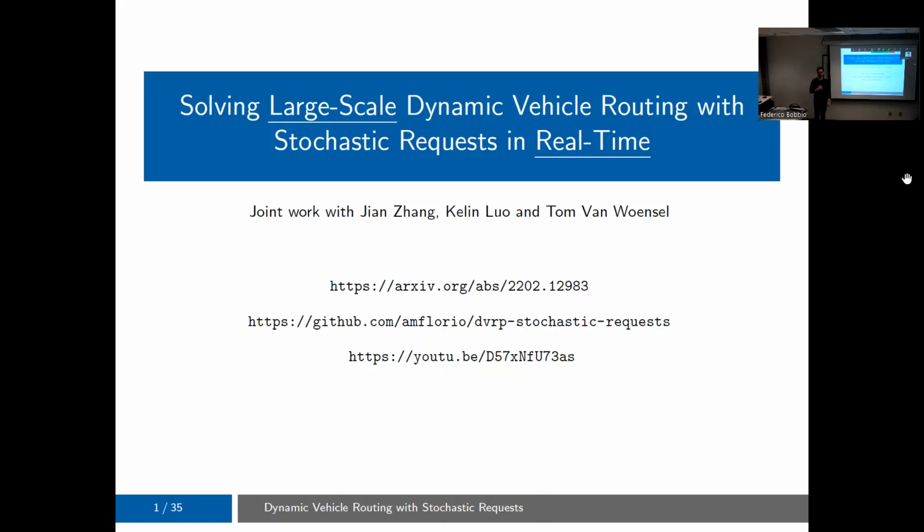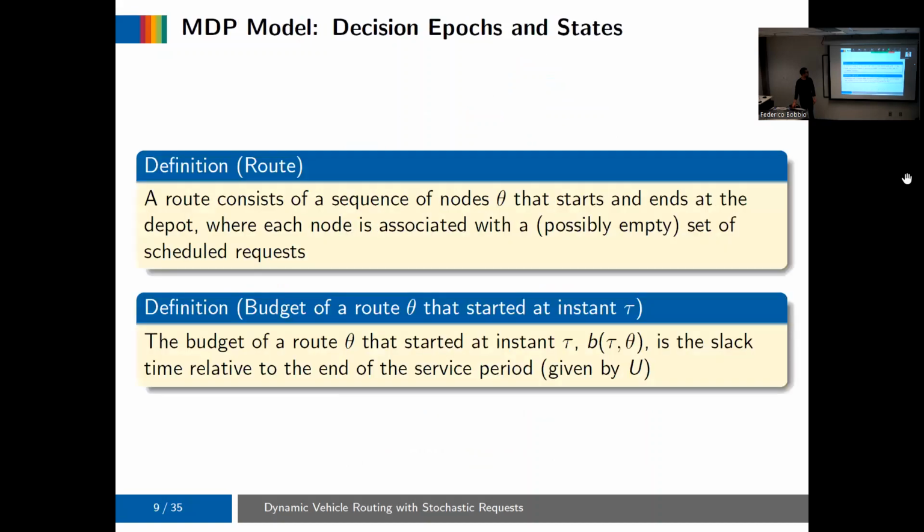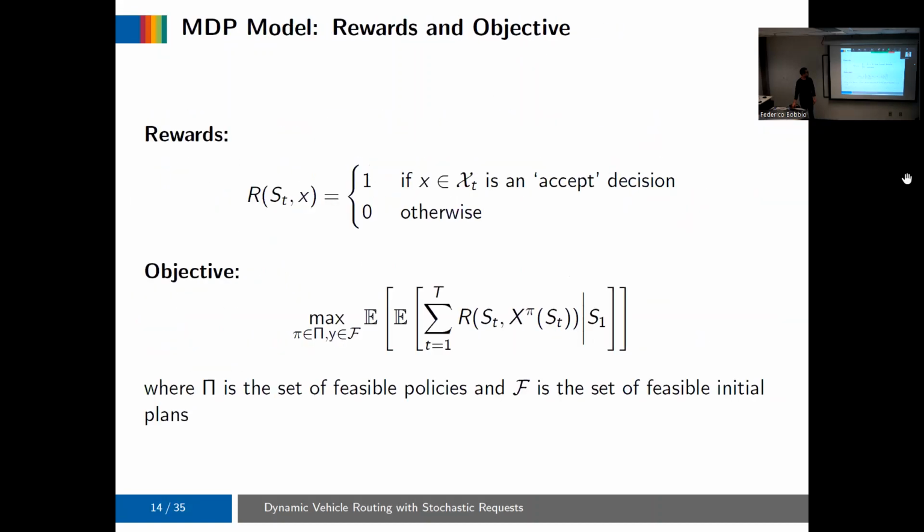Yes, I have a question. If you can go back to the slide where you presented the reward: do you know what could happen if, for example, every request has a different reward, for example if it's a bigger order or something like that?